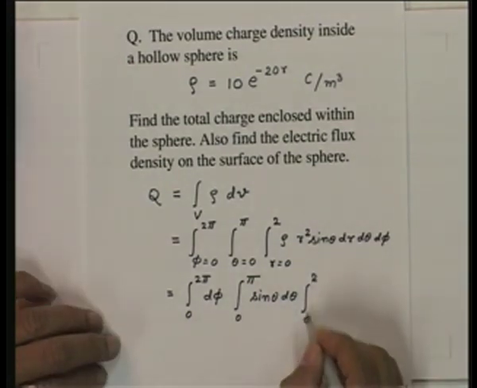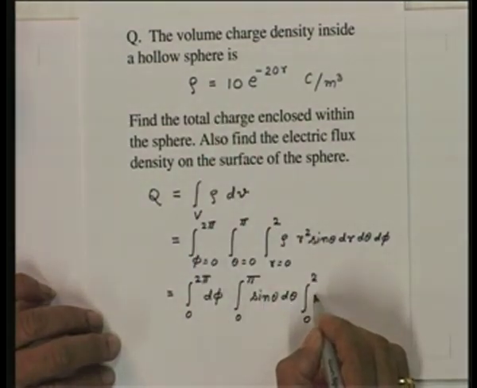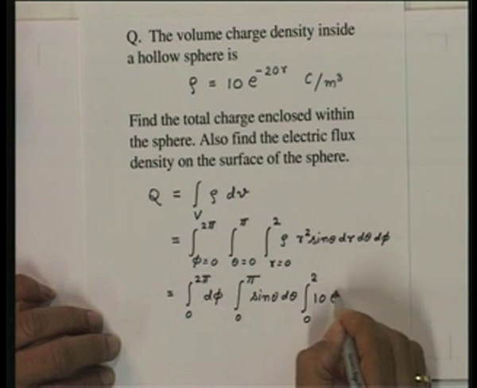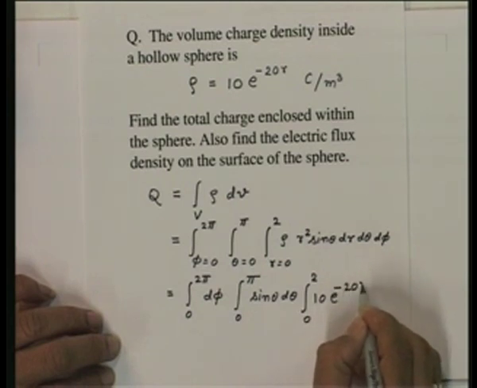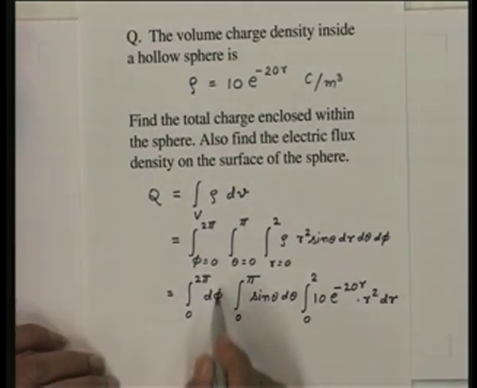So, integral 0 to 2 pi, then we can substitute for rho, that is 10 e to the power minus 20 r into r square dr. This integral is very straightforward, that will give me equal to 2 pi.